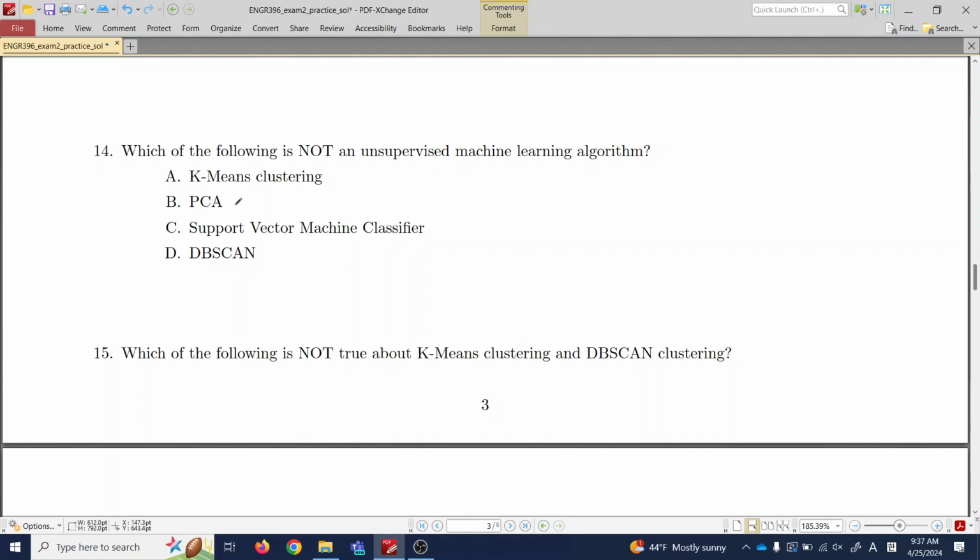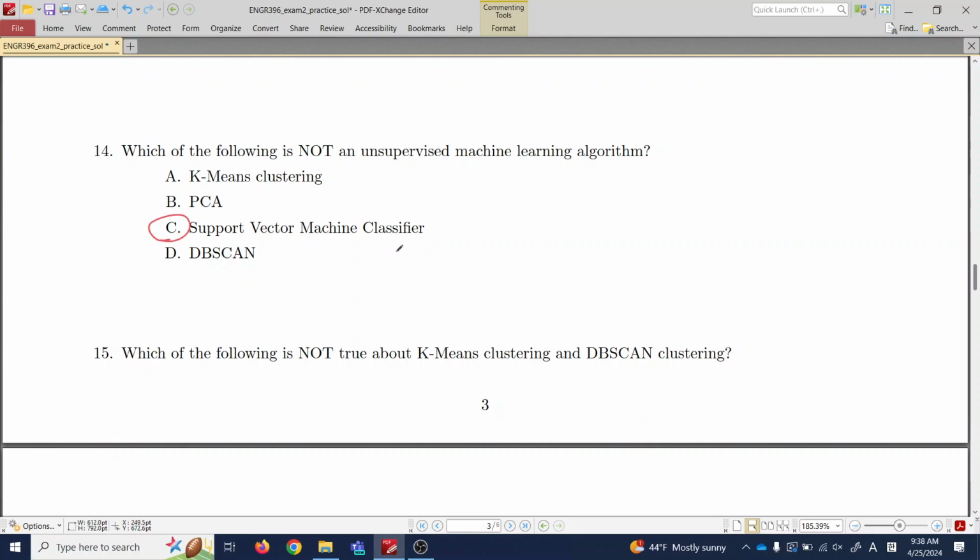To do that, you're only working with X. You don't need the label. What I'm trying to say is that any machine learning algorithm that does not need labeled data, you call an unsupervised learning algorithm. Okay, you get that? So PCA is an example of an unsupervised one, and C is the only one where you need the labeled data.